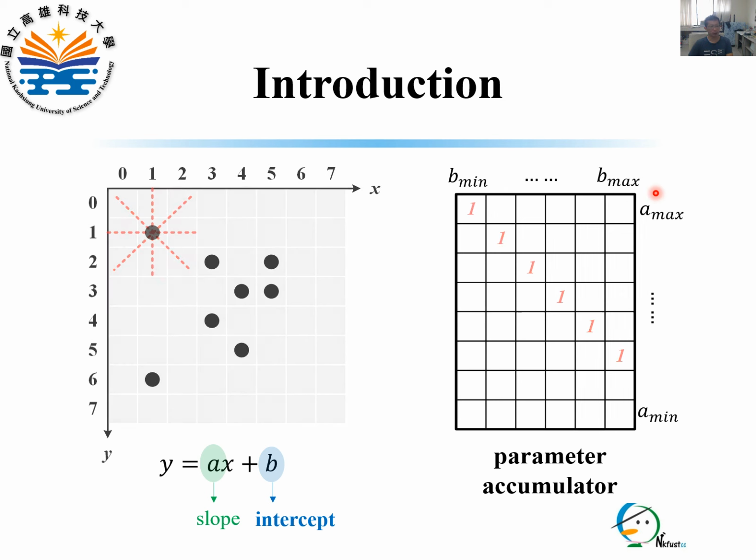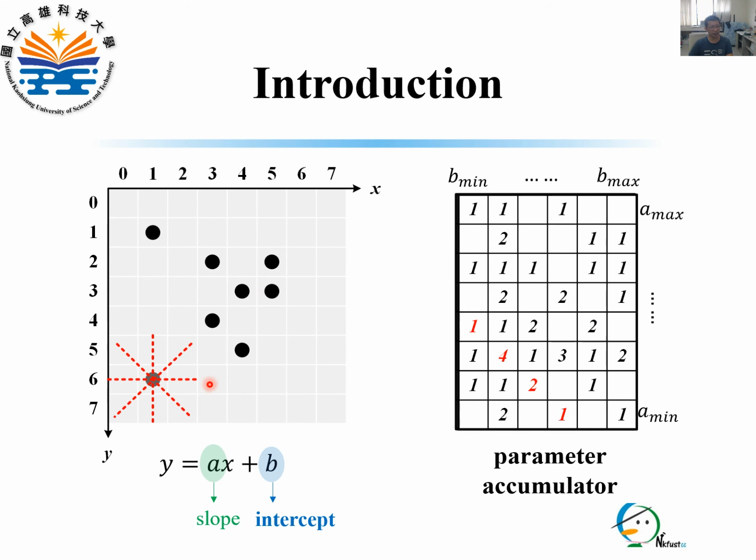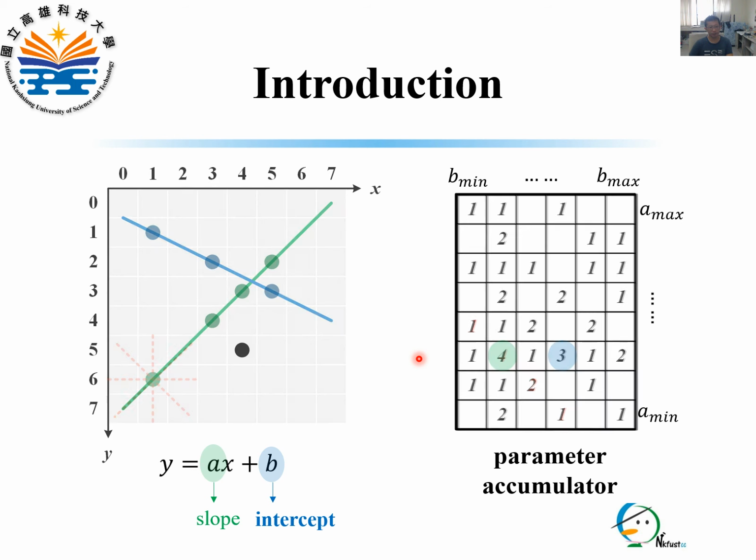For the first point, we vote the parameter values of all possible lines passing this point. We do the same thing for the second point until the last point. The parameter values with high votes determine the detected line equations. In this example, these two parameter pairs with 4 and 3 votes respectively determine the green and the blue lines in the image.